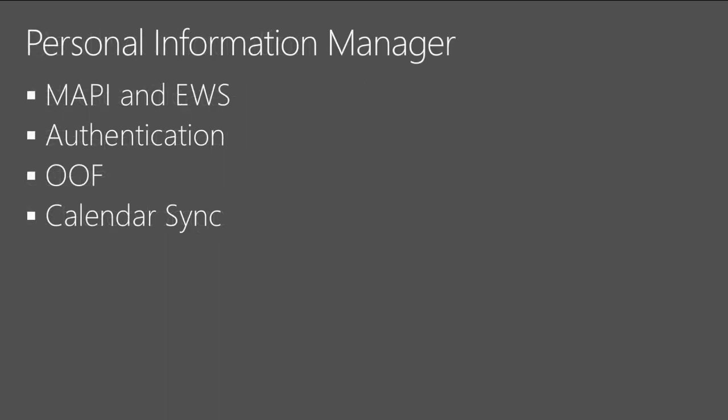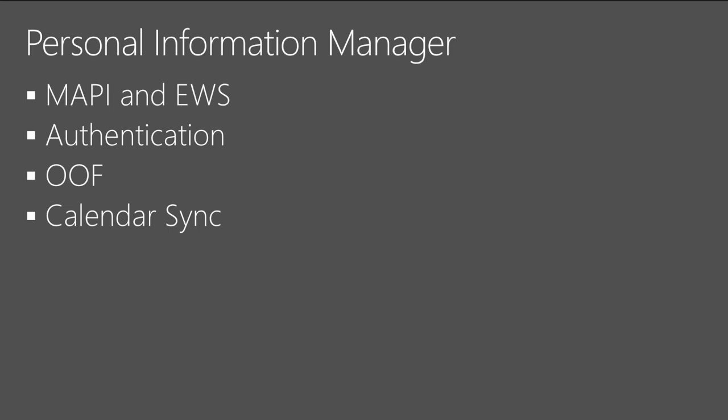Personal Information Manager. Again, PIM uses MAPI and EWS. So if you have an Outlook profile configured, let's say you've got Skype for Business configured and you've got Outlook configured on the same machine, we'll leverage EWS and MAPI for connections to your mailbox.